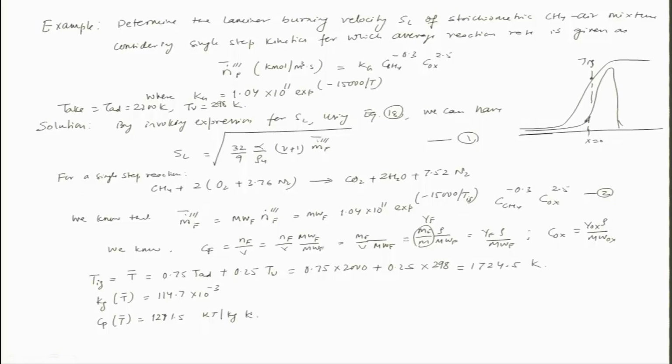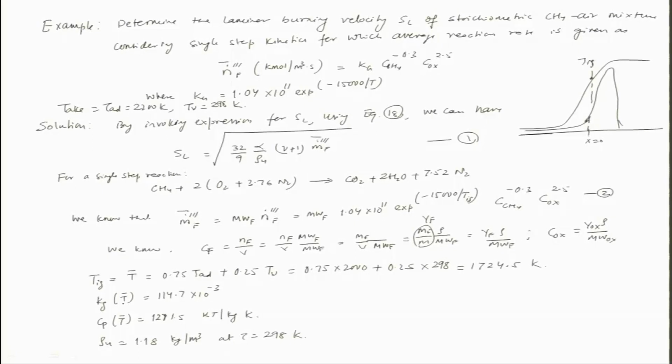However, the rho u you will have to evaluate at the unburnt temperature. In this case, properties you will be finding out as rho u is equal to 1.18 kg per meter cube, and this is evaluated at T is equal to 298 Kelvin, right. So, these properties of course will be given in your example, but here you will have to take at that average temperature.